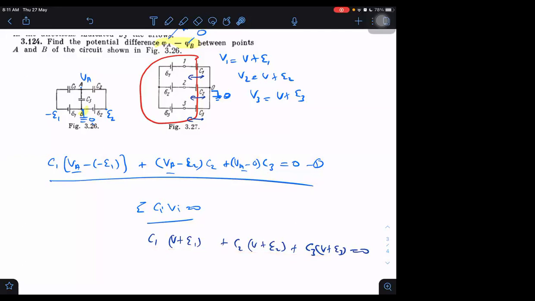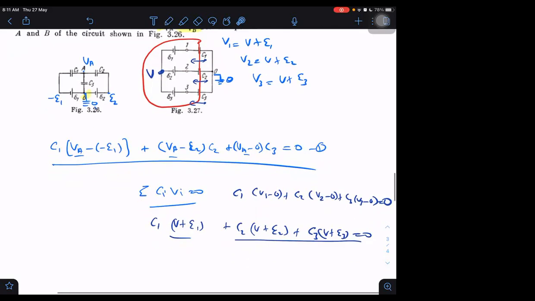Don't think this is different. Here also I am taking C1 into V1 minus 0, plus C2 into V2 minus 0, plus C3 into V3 minus 0 is equal to 0. But here E1, E2, E3 are known already, so we can get the value of V. Once we know the value of this potential V, we can determine all these individual potentials also.